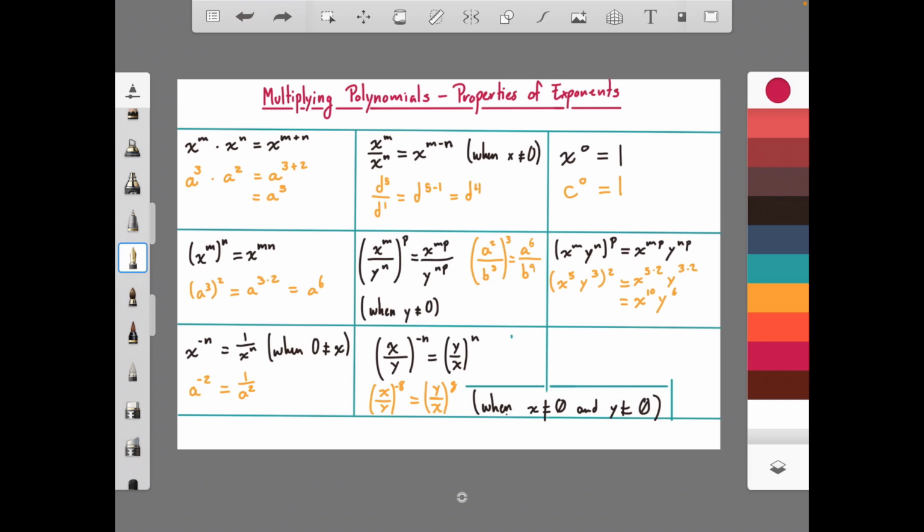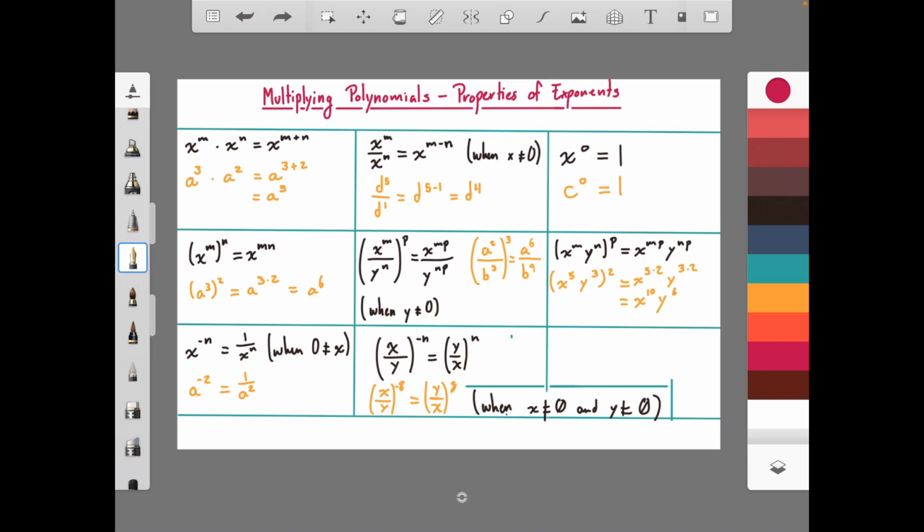And we can see this in the example below. Sorry, I got confused. In the example it says x over y raised to the negative 8th power is going to be equal to y over x to the 8th power. And this property only applies when x and y are not 0.